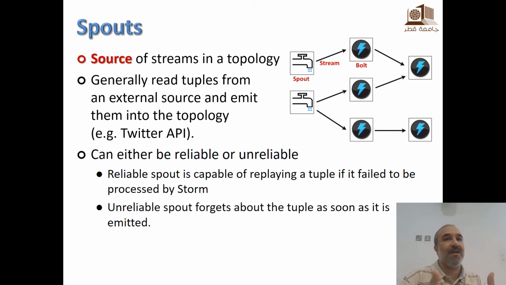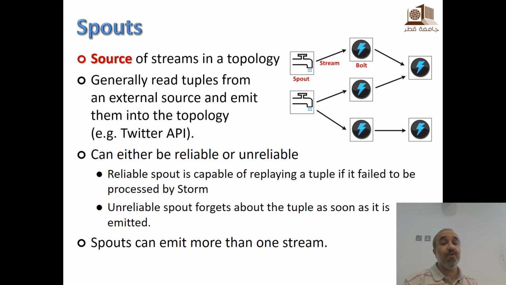We might use a system of a queue that will queue these tweets and make that source reliable. So it will not remove it from the queue or get rid of it until it is acknowledged that the processing is done. So these are the two types. So that's spouts.